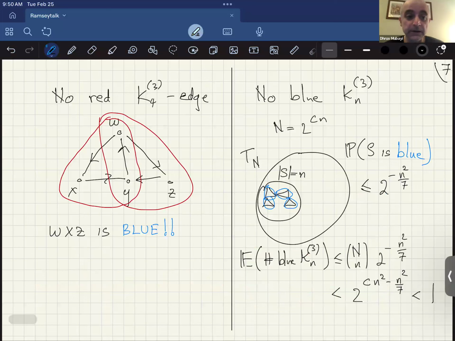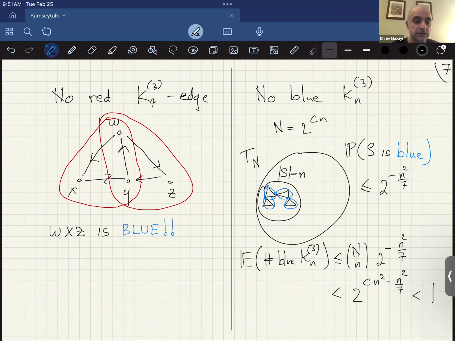Let me give a proof that it works. Not only does this construction not contain a complete 3-graph on 4 points, it doesn't even contain 4 vertices with 3 edges, which is even sparser than the thing we're trying to forbid. And the proof is very simple. Suppose you have 2 edges, WXY and WYZ, that are red.